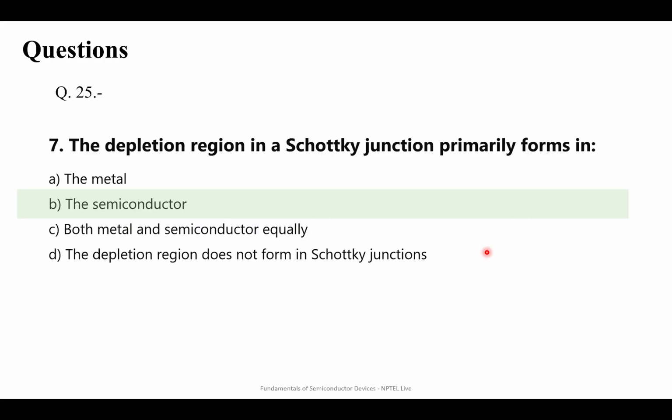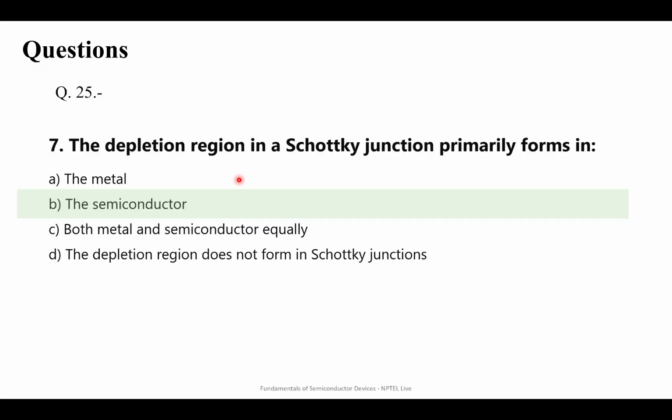So the answer to this would be semiconductor. You see the metal has a high concentration of free carriers, so it does not form a depletion region due to the extremely high number of free carriers.